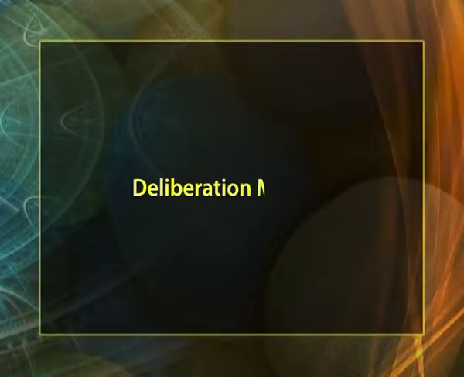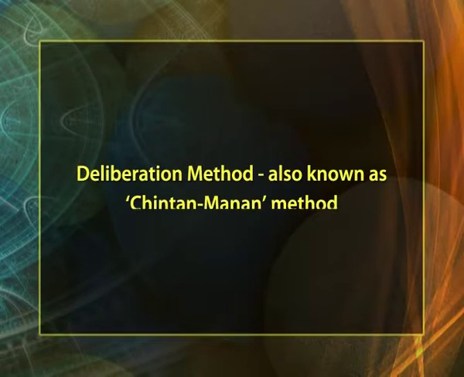For the gifted ones, other methods of teaching were used, such as deliberation method. This was also known as Chintan Manan method. It was a higher method of teaching and involved deliberations on the topic after careful thinking.